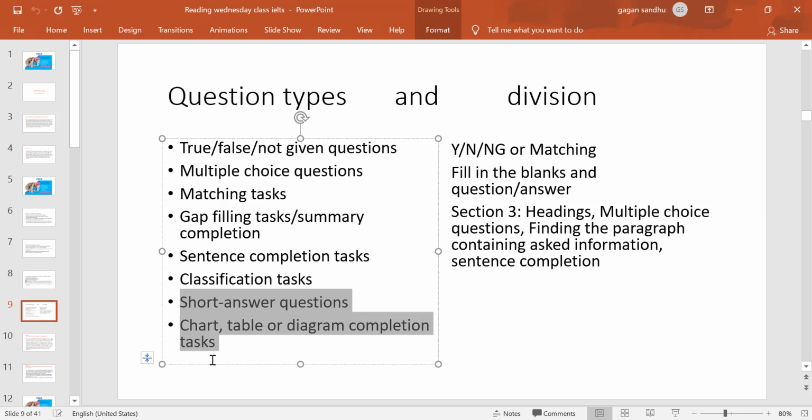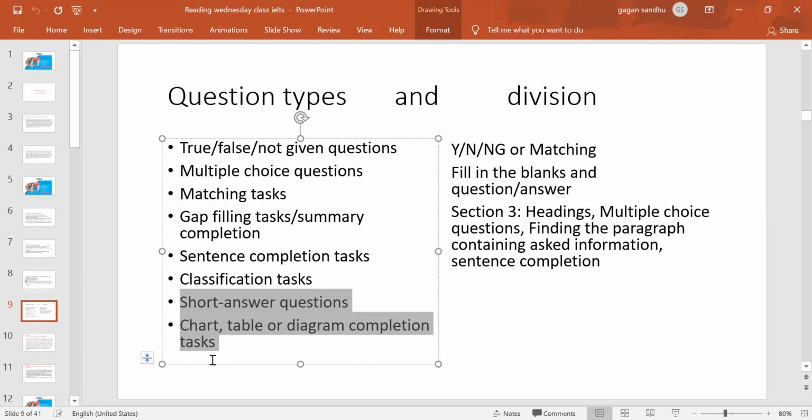You know that the missing pieces of information you have to read from the passage, and then write them as your answer. Be mindful that sometimes when we are writing answers, two answers are very easy. Suppose it's a diagram, the third one is a bit tricky in the sense you're not able to find out, okay, if I have to write this as my answer, or maybe I should go to the next step and write that.